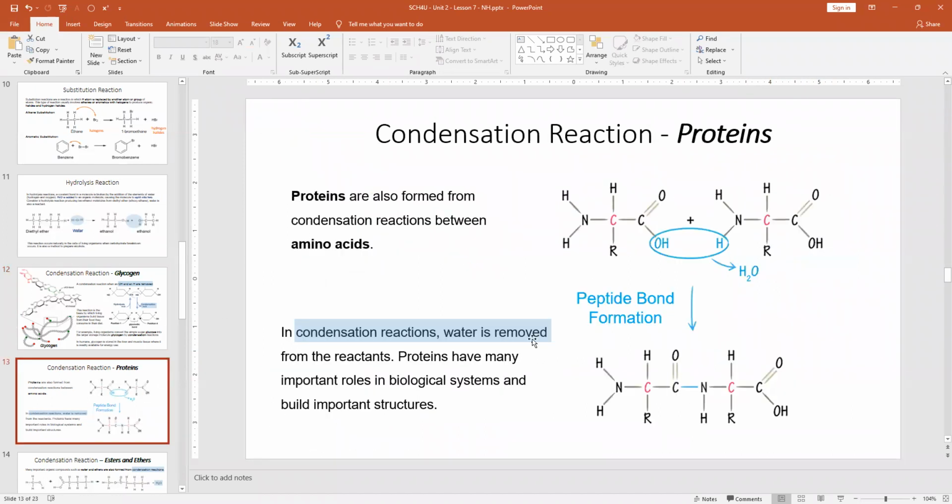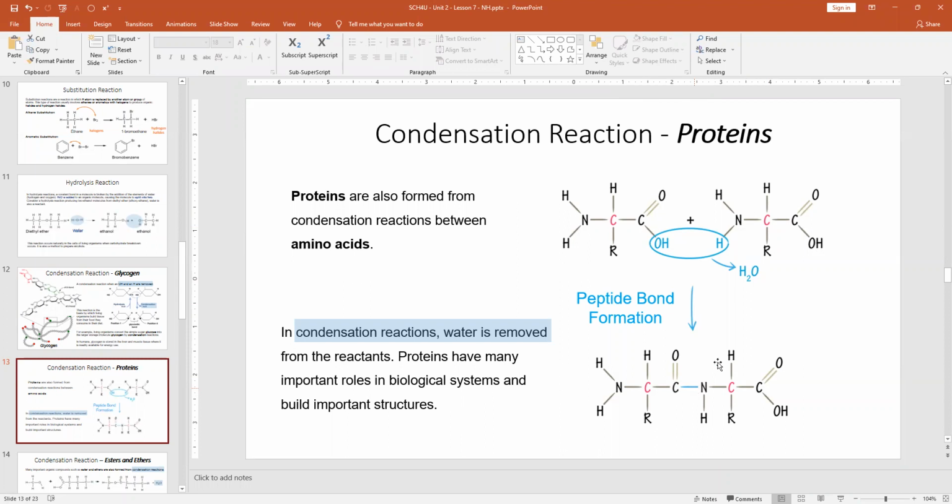In the case of proteins, the condensation reaction takes place between 2 amino acid molecules. And amino acids are the building blocks of proteins. So when you get a condensation reaction between 2 amino acid molecules and the components of water, the OH and the H, are lost, the 2 amino acids are now joined together, and a new bond is formed, and this bond is called the peptide bond.